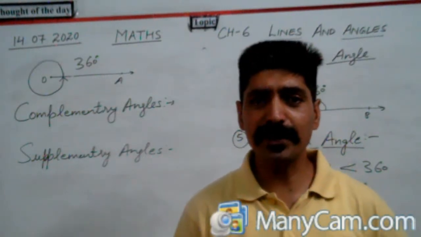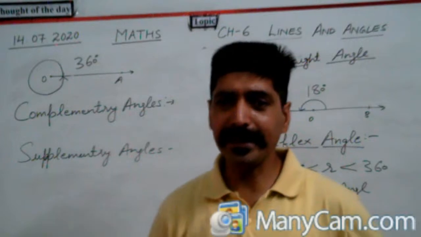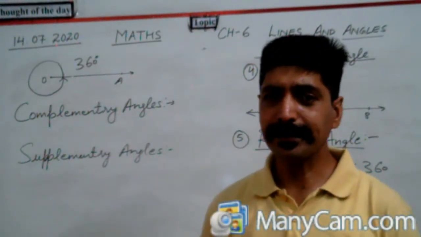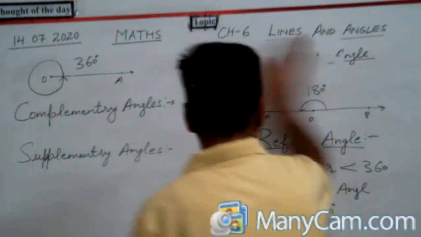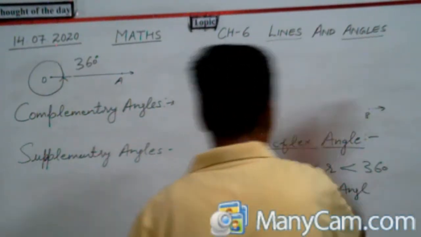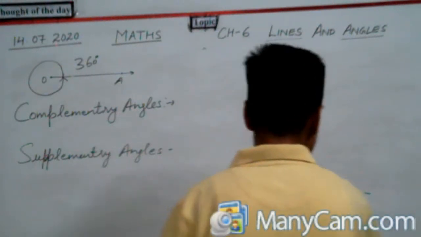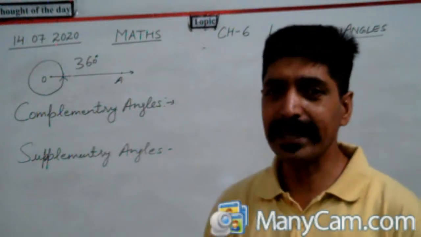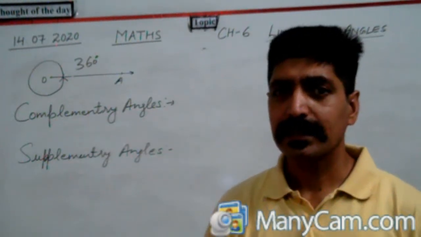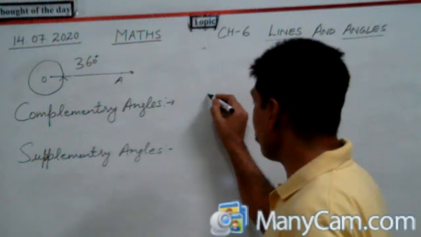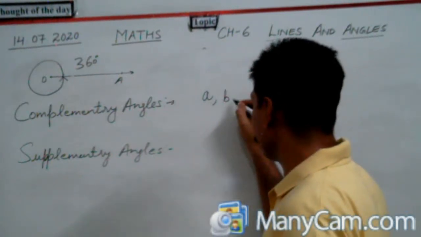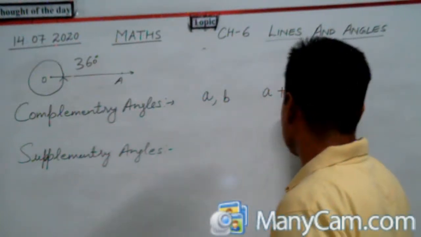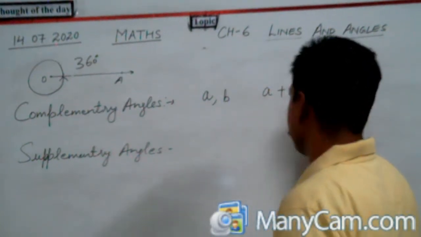So dear students, when we are talking about the complementary angle and the supplementary angle, we are talking about two angles, right? The two angles are said to be complementary when their sum is 90 degree. Let one angle be A and another angle be B, then we say that angles A and B are complementary if A plus B is equal to 90 degree, right?